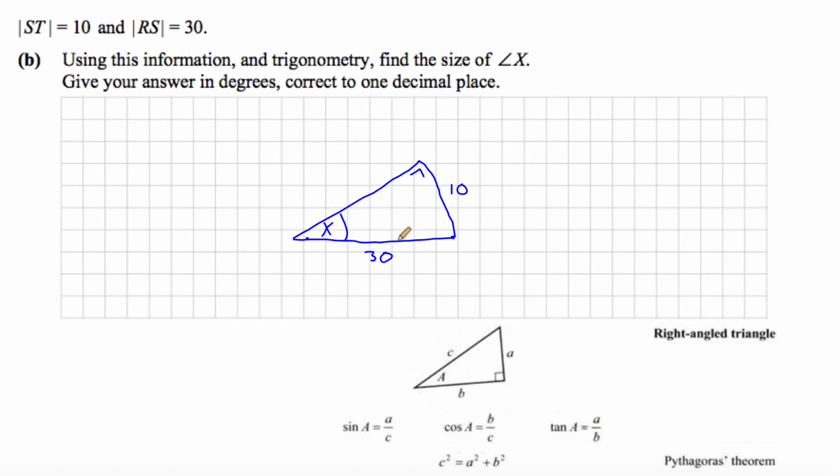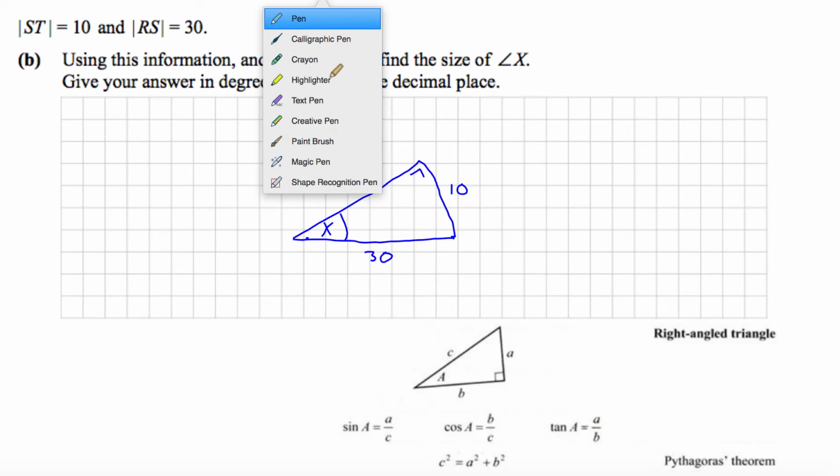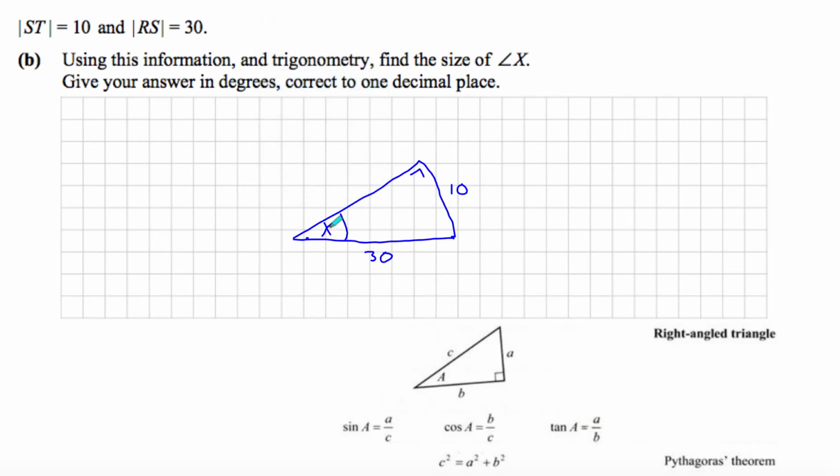Okay, so because it's a right angle triangle and we're looking for the angle, we're going to use sin, cos, or tan, the trigonometric ratios. So I've taken these from the tables book down here. So we just have to match this carefully to our triangle here. So I'm going to do this using a highlighter. We're looking for the angle X, which is the angle A down here.